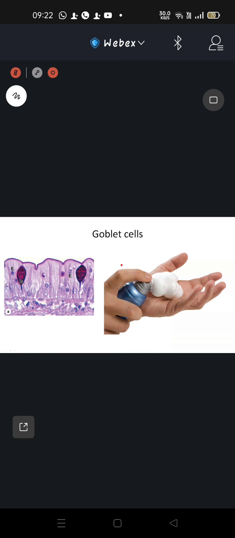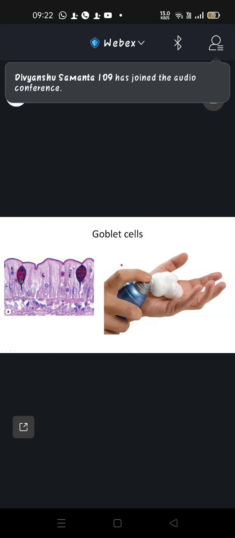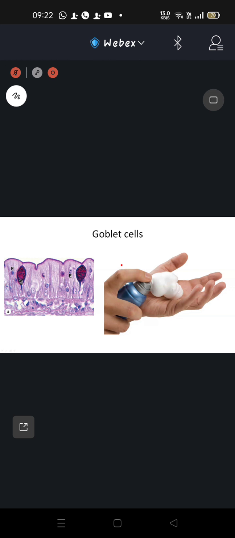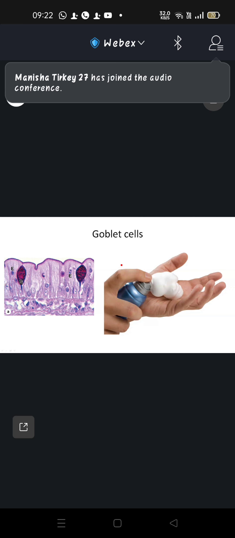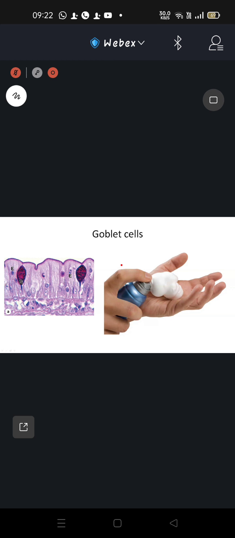What are these goblet cells? So goblet cells contain this protein which is mucin, and it is a unicellular gland. When they pour their mucin, which is a highly hydrophilic substance, it spreads and imbibes water.